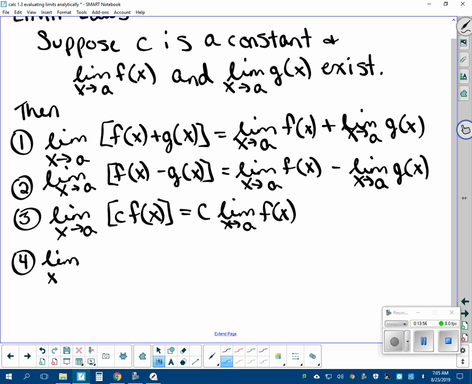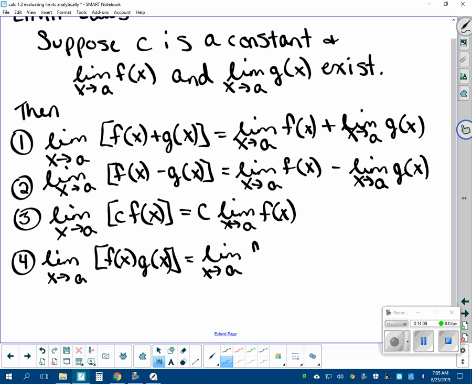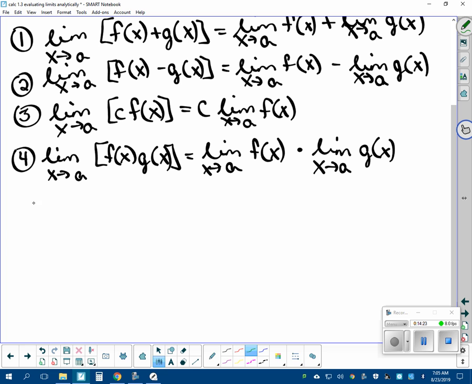The limit as x approaches a of two functions being multiplied, I imagine you could guess what this is going to be. You can take the limits of each function individually and then multiply those limits. Knowing that, any guesses what the final limit law is here in this list?